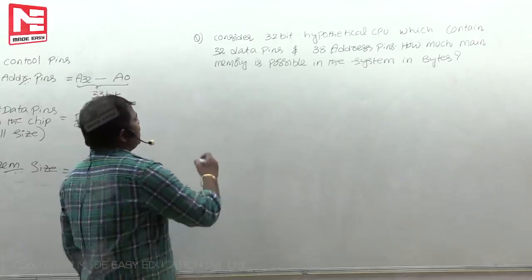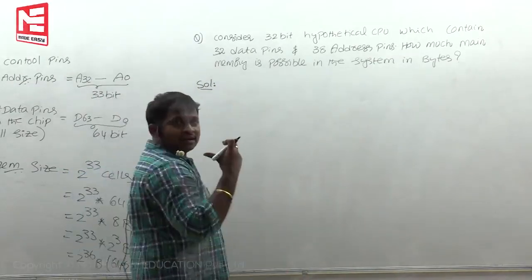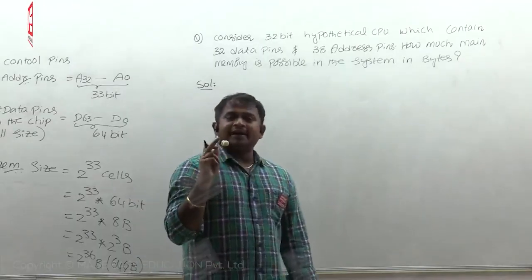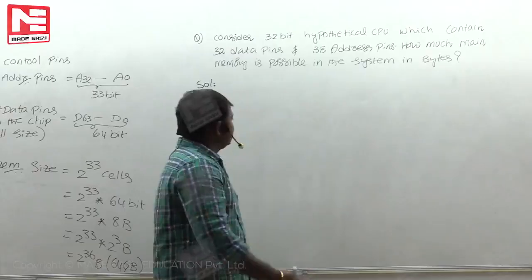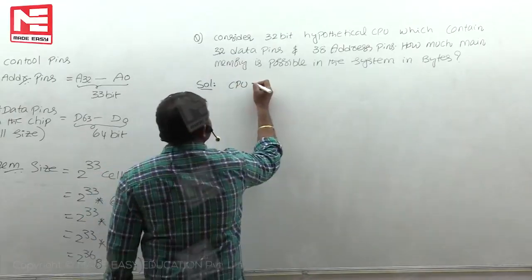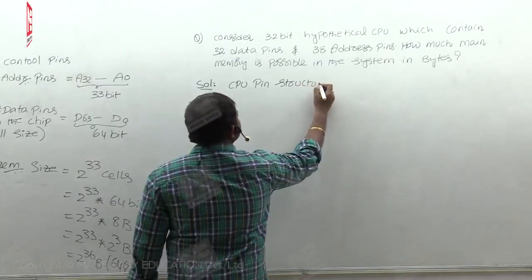Okay. After reading the question, what we understand is that only the CPU characteristics are given in the question; memory characteristics are not given. So these are the CPU pin structure given in the question.